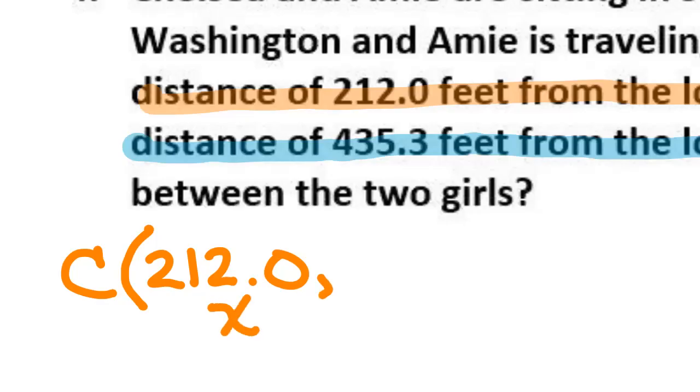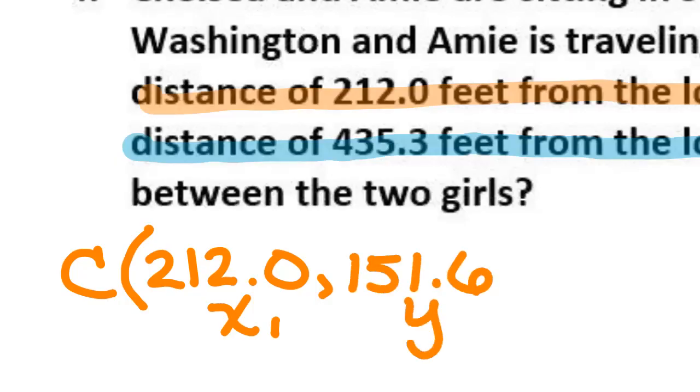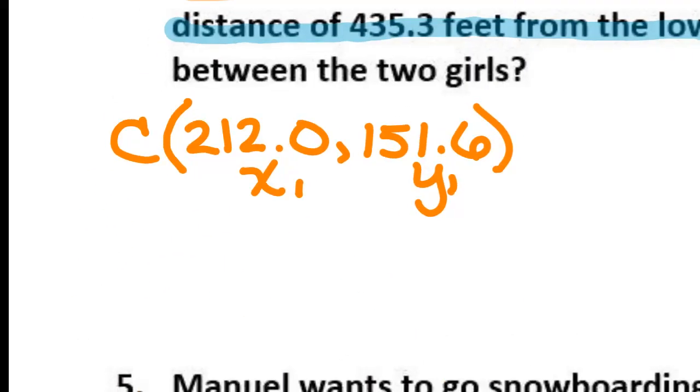There's my x1. And so that means the height, 151.6, is going to be the y1. Right, so Chelsea is 212.0, comma, 151.6. You with me, Dami? And so then Amy would have an ordered pair of what?